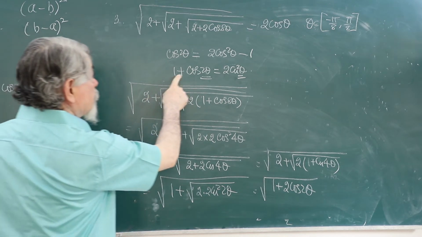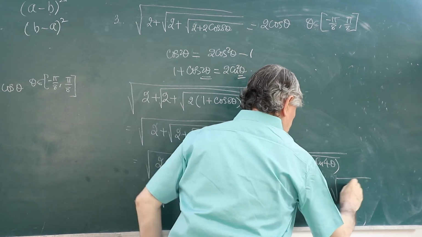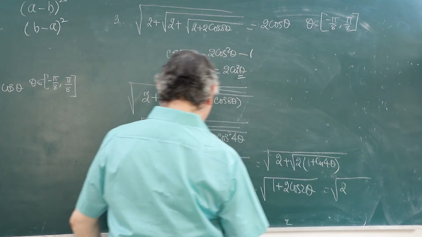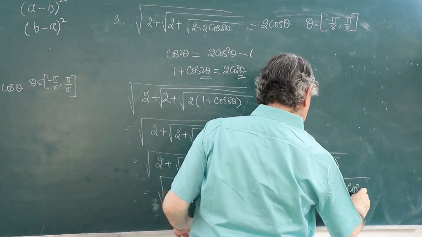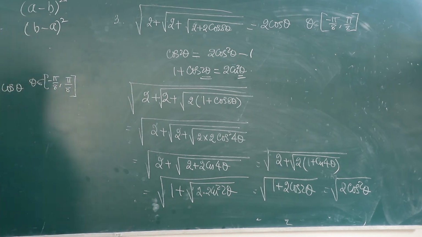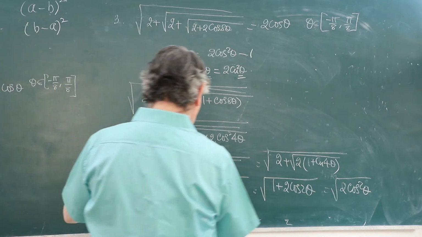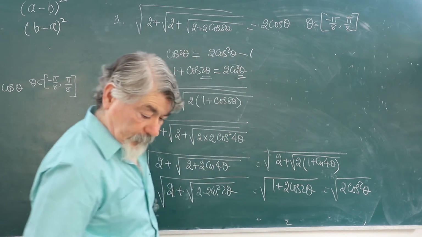Now 1 plus cos 2 theta was what? 2 cos square theta. So it became 2 cos square theta. The 2 is common, so 2 has to be common.